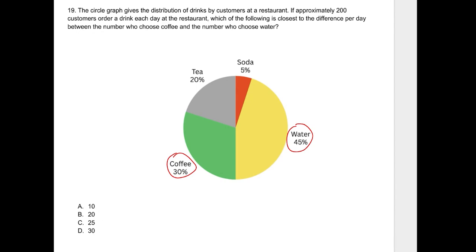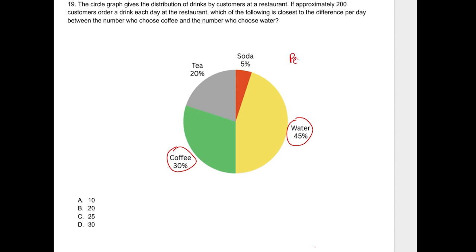So to figure out that number, you're going to multiply the percent by the total. So if 45% of people chose water, we're going to multiply 0.45 times 200 for the 200 customers, and 0.45 times 200 is 90.